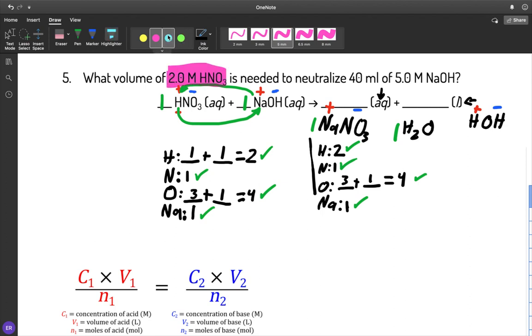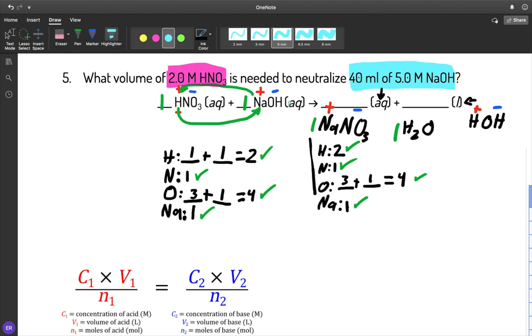So our hydrogen, I'm going to go ahead and highlight that, so that's our acid and our base over here. I'm going to highlight all of our information for our base. So for our acid, all we have is the concentration. But for our base, we have the volume and the concentration.